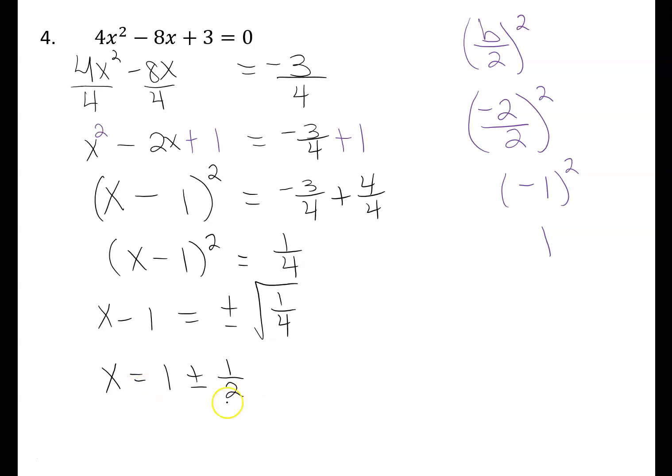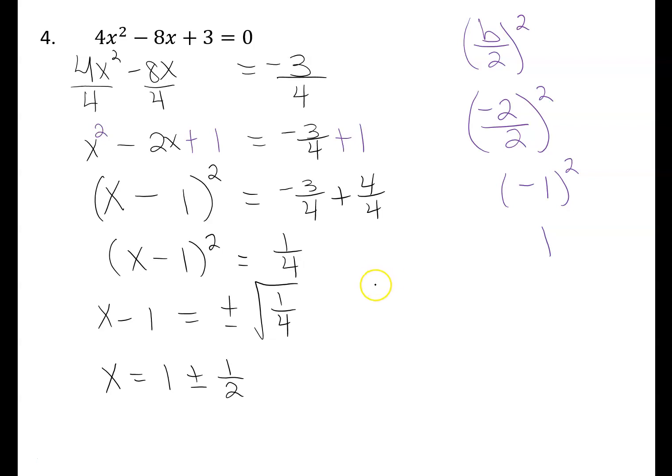So now let's look at what we have here. On each side of the plus minus, we have just a number. We do not have an i, we do not have a radical. When that happens, you need to separate the plus and the minus. I think we saw that also on an example in section 1.4.